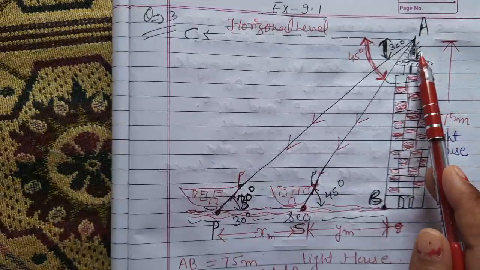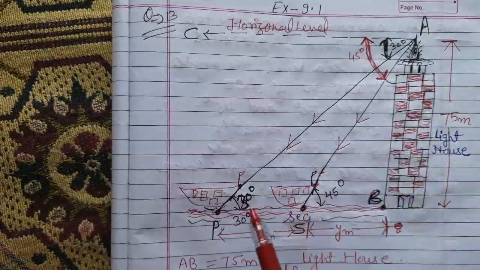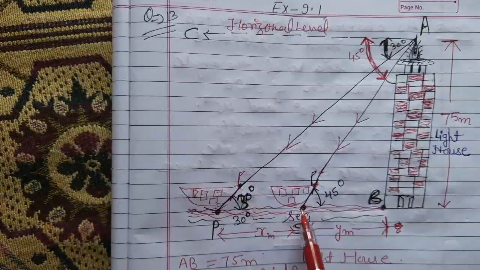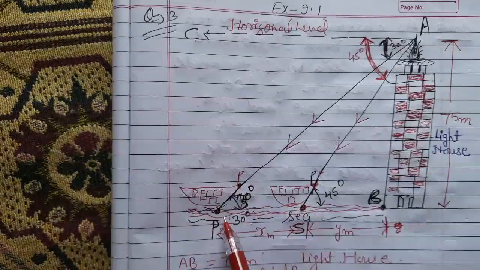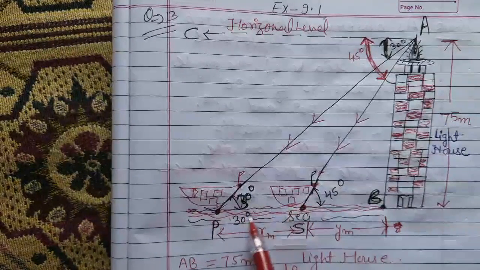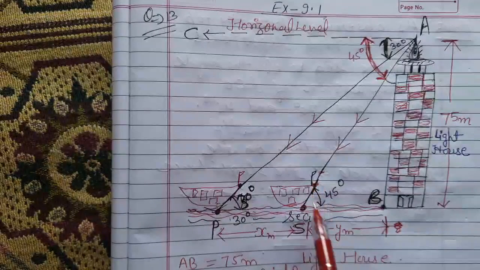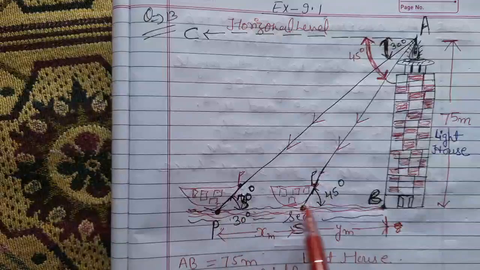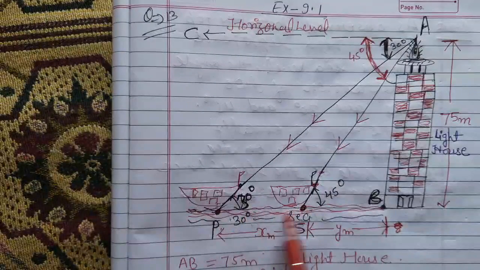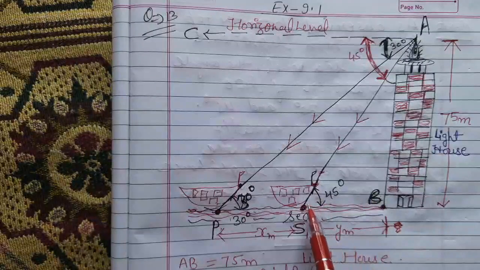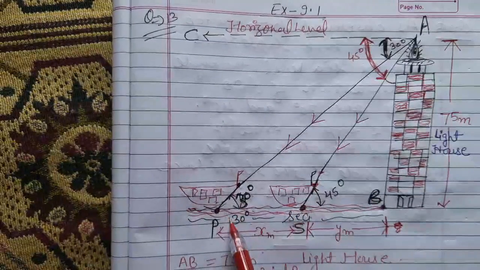This is the top of the lighthouse, and there are two ships in the sea which are exactly one behind the other. So that means they are in one straight line. So one ship will be near the lighthouse and the other is farther from the lighthouse.